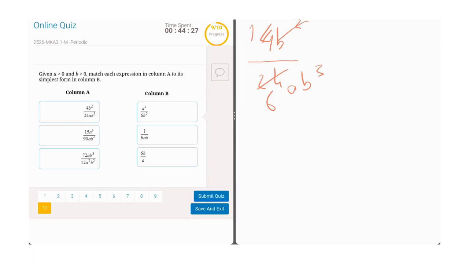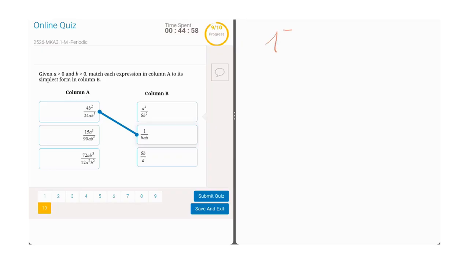We can simplify b squared and b cubed, meaning it will be 1 over b. And a stays the same, so it will be 1 over 6ab. Is that an option? Yes, it is. So this and this. 1 over 6ab is the simplest form of this.